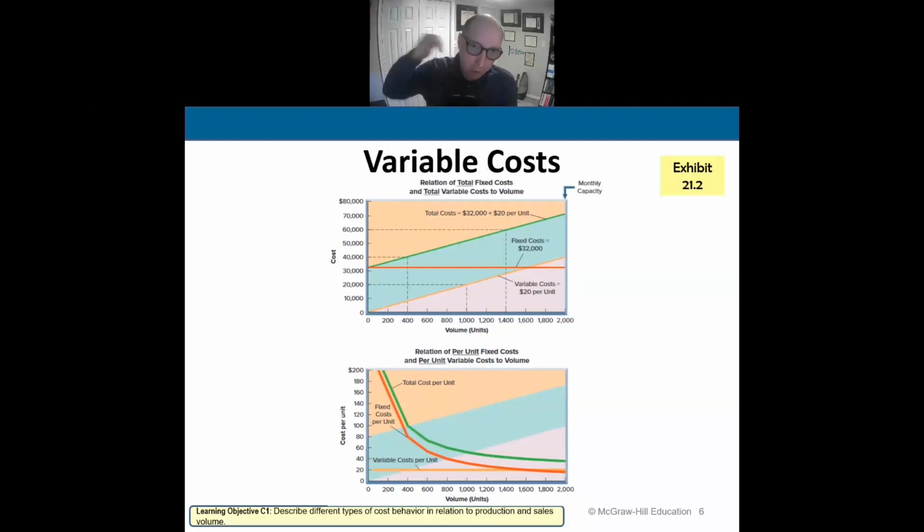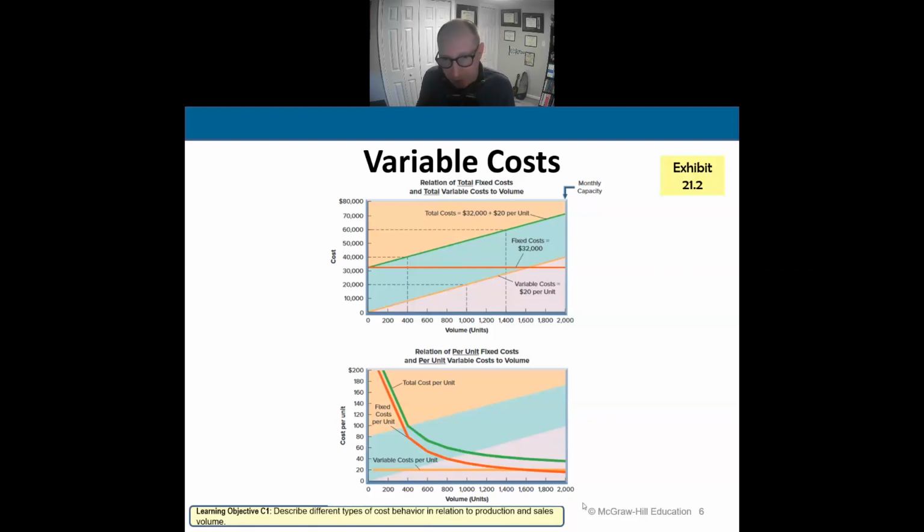We see that the total variable cost rises with the amount of units being produced. That's what we're looking at on the top, yes? And then on a per unit basis, I know it costs me $20 per unit to make with the direct materials and direct labor, so that stays the same.